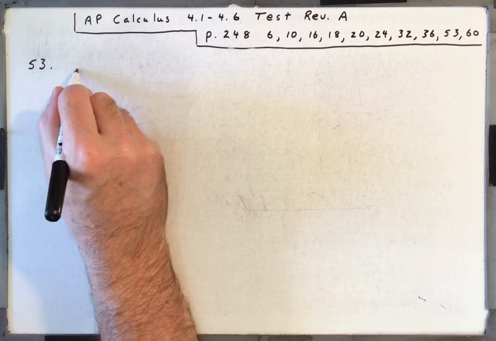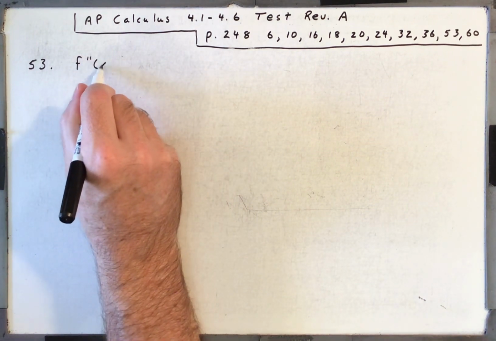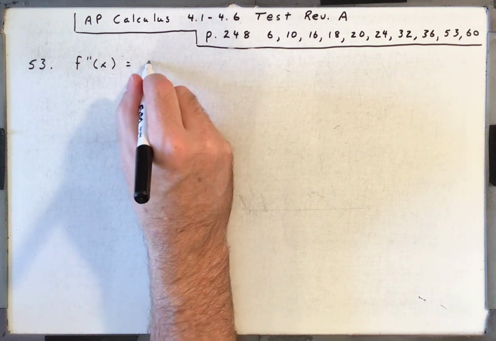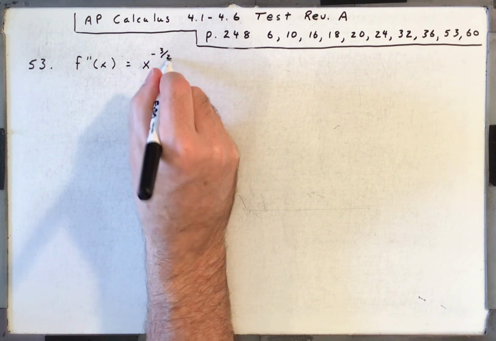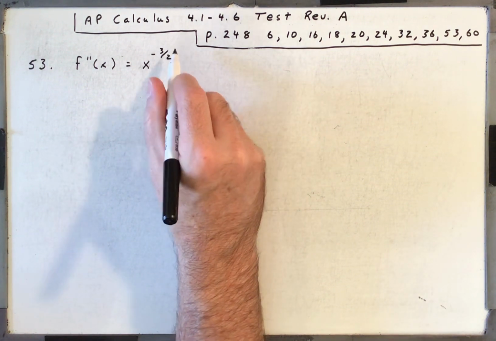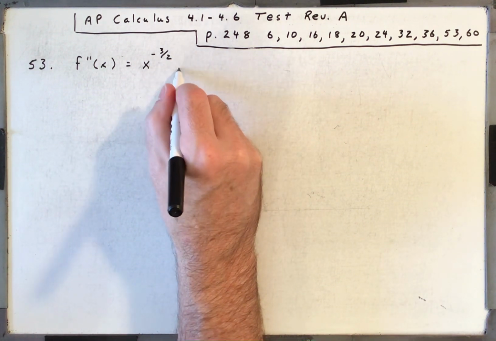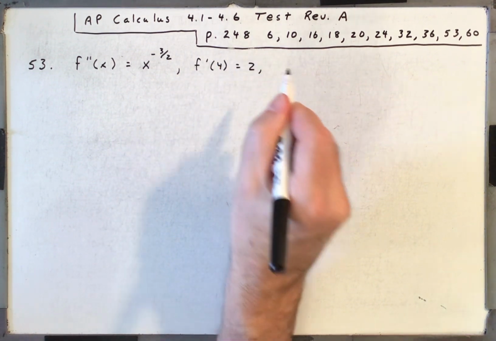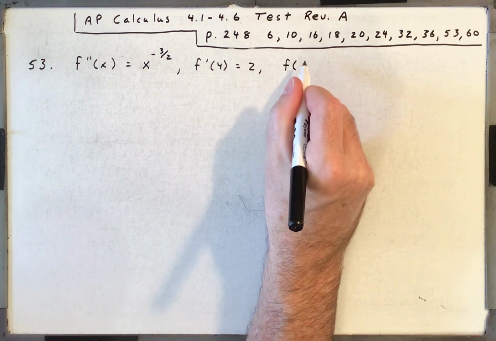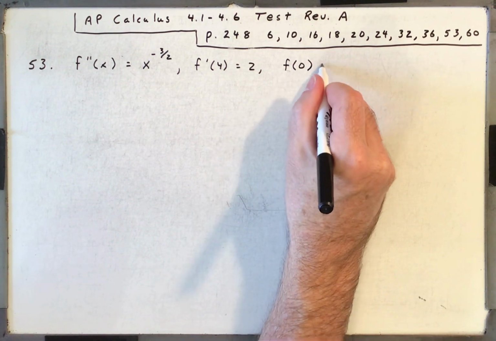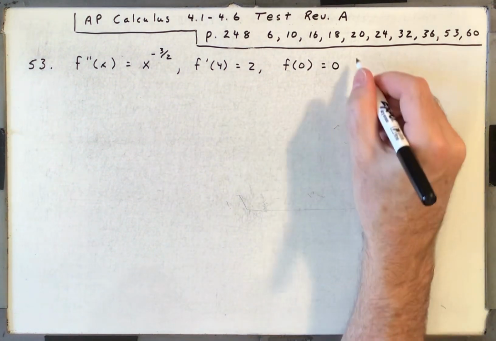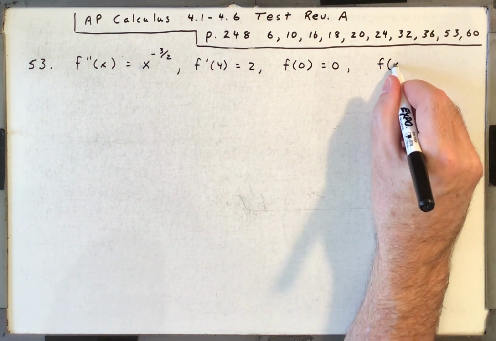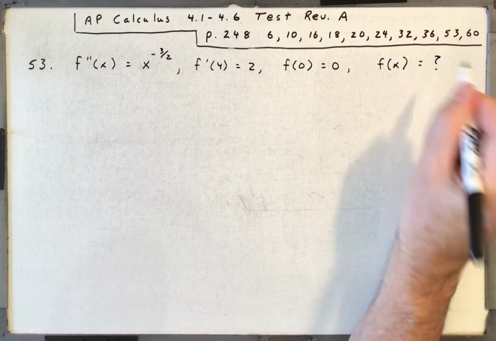We have f double prime of x, voice just cracked, is equal to x to the minus 3/2. We know that f prime of 4 is equal to 2. And we know that f of 0 is equal to 0. So what we're trying to get to when it says solve the differential equation is the equation for f of x.